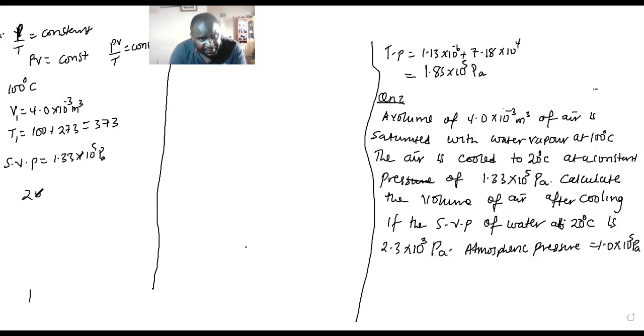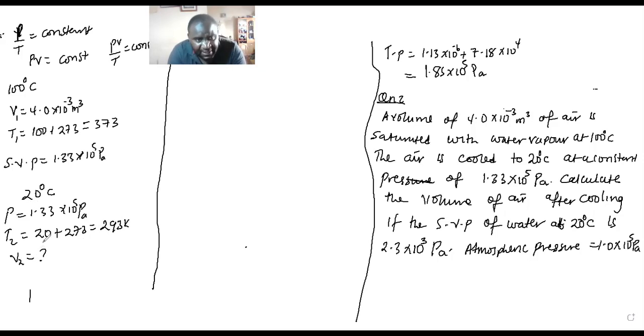At the second temperature, the air is cooled at a constant pressure. It means that is the pressure we attained. So at the same instant, this pressure is still maintained here, which is the same as 1.33 times 10 to the power 5 pascals. The temperature in this case, T2, is going to be 20 plus 273, which will give us 293 Kelvin. And then we do not know the volume V2 at this instant.